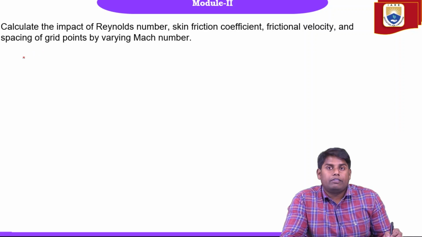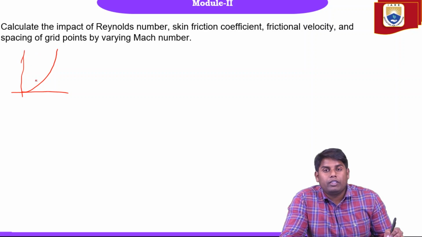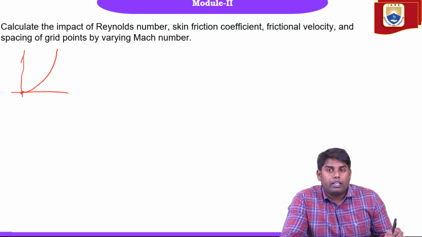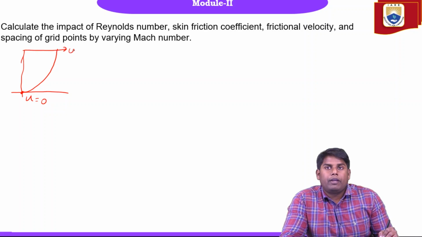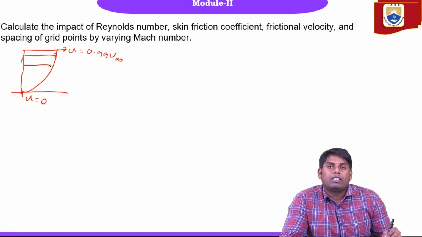As we know, the boundary layer is a layer present immediately adjacent to the body, the plate, or any kind of equipment, where the velocity u is 0 at the wall and u becomes 0.99 times u infinity at its edge. After this it is u infinity. So the boundary layer is a very thin viscous layer adjacent to the body.